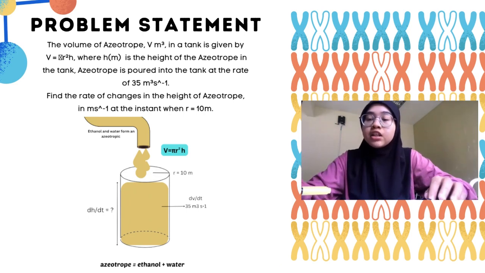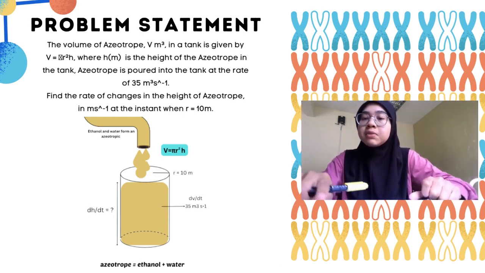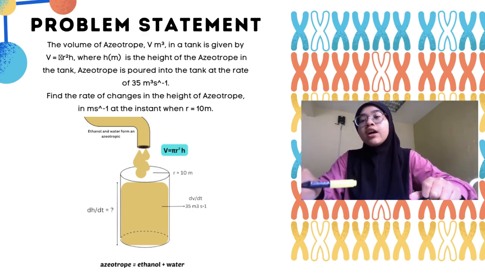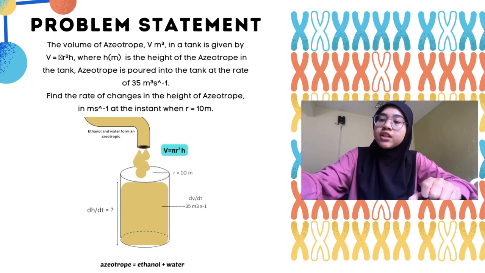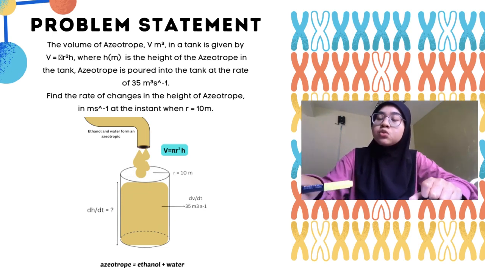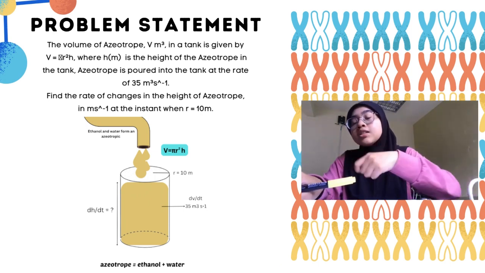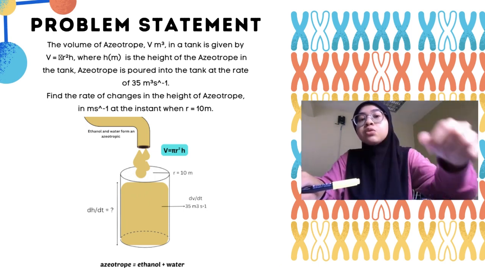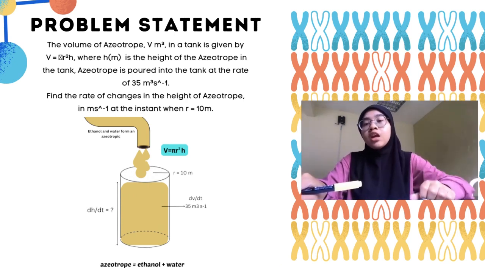Lastly, they want us to find the rate of change of height of azeotrope in meter per second at the instant when r is equal to 10 meter. R here refers to the radius, so we must highlight it so that we don't miss the point when we want to substitute the value of r into the formula given to us, which is for the volume.